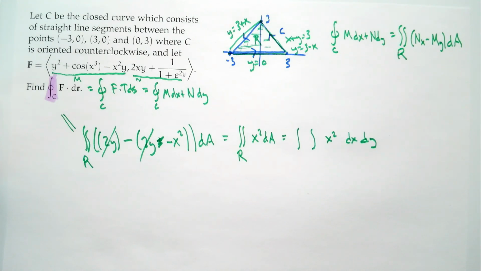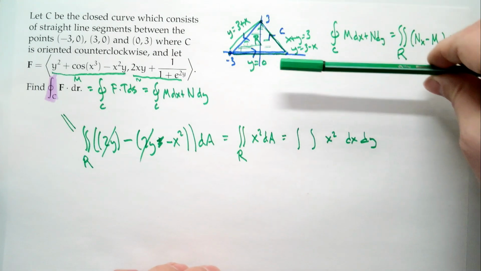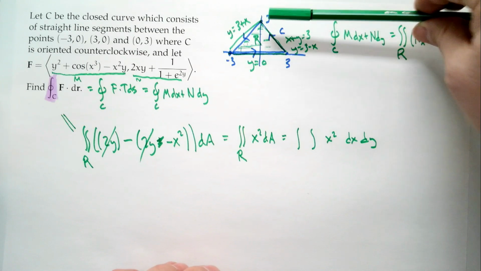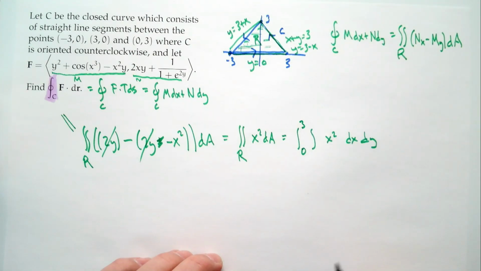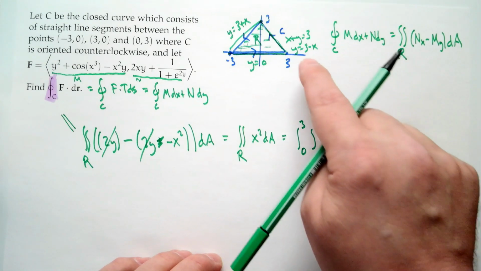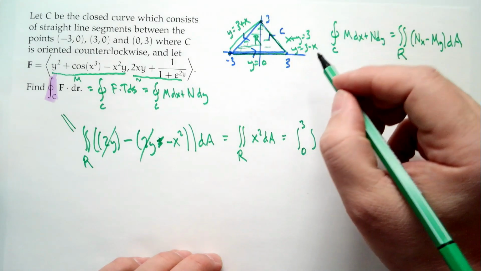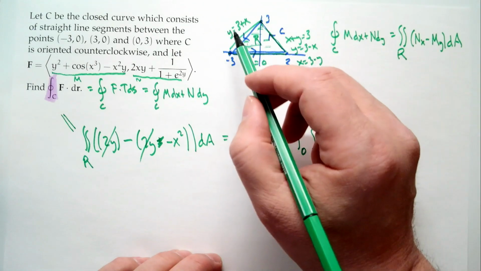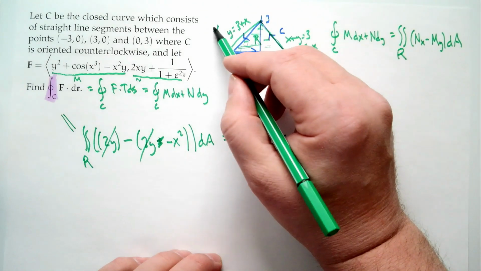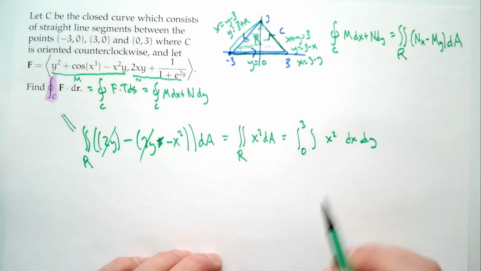We say, all right, well, where does y go from? Smallest value is 0, largest value is 3, so it goes 0 to 3. And then where does x go from? Well, shouldn't have solved for y, should have solved for x. So that's x equals 3 minus y, and here it'd be x equals y minus 3.